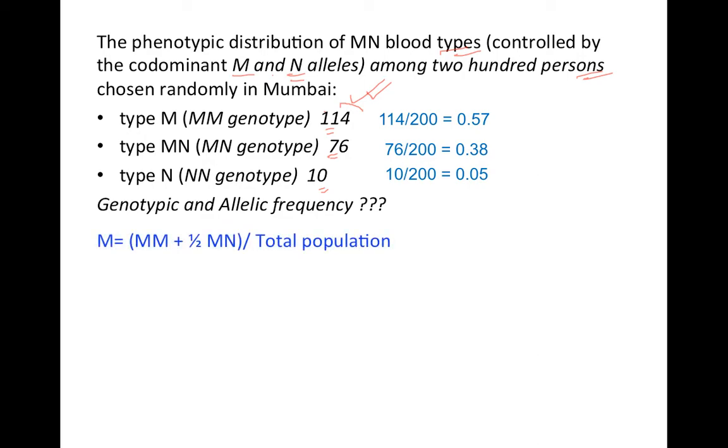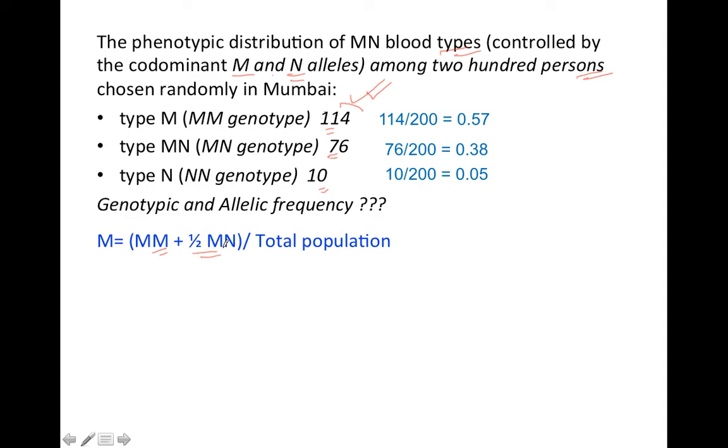Now to find out the allelic frequency, which is basically M, only M. How can we find out M? M would be MM and half MN. Why half MN?